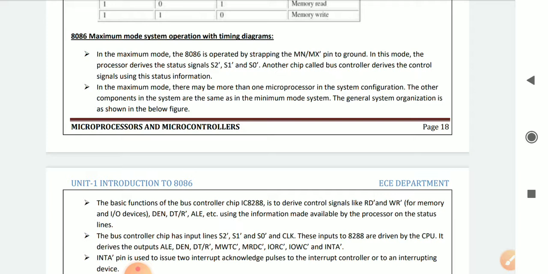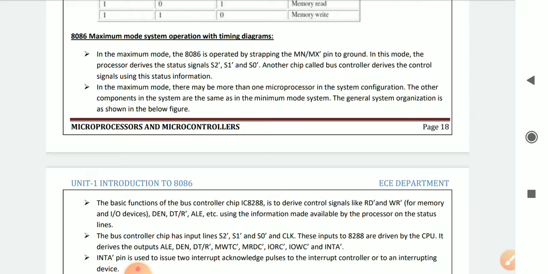Okay, this bus controller drives control signals like read and write bar for memory and IO devices. Okay, and then data enable, DTR bar, ALE etc. Okay, so the bus controller chip is controlling the signals read, write, then data transmission and reception, and ALE signals etc.